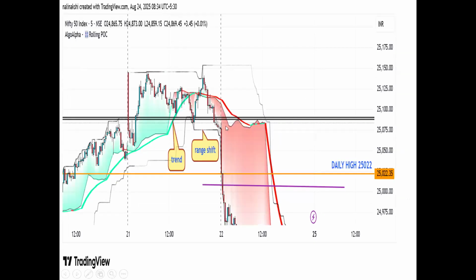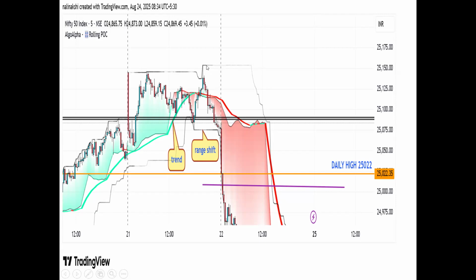Here, closely I have marked how the range has shifted, and the rolling POC line is coming down, and the black top, and these are the value area high and value area low.